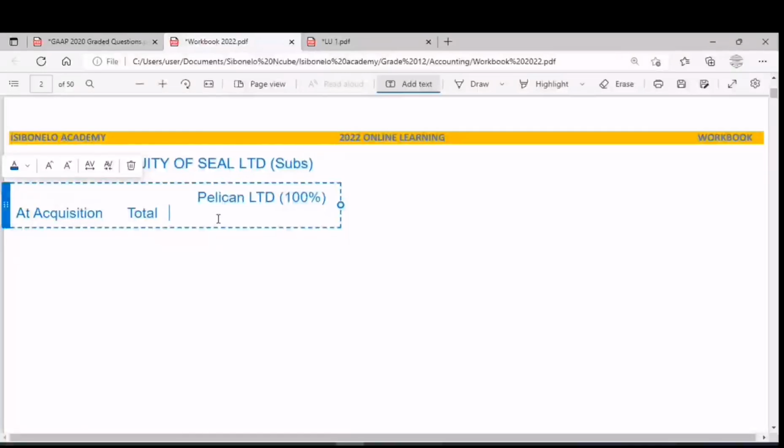And then ngaphansi kuka-parent sizoba nama-column ayi-2, i-column ka-at acquisition kube ne-column ka-since. So ngizokuchazela khona manje ukuthi lobo at no since basho ukuthini. And then the last column esinayo kwi-analysis i-column ka-NCI, non-controlling interest. Officially le question siyazi ukuthi asinaye u-non-controlling interest because yonke ownership ingaphansi kuka-Pelican, parent. Okay, so this is how you draft your table ozoyisebenzisa for i-analysis.